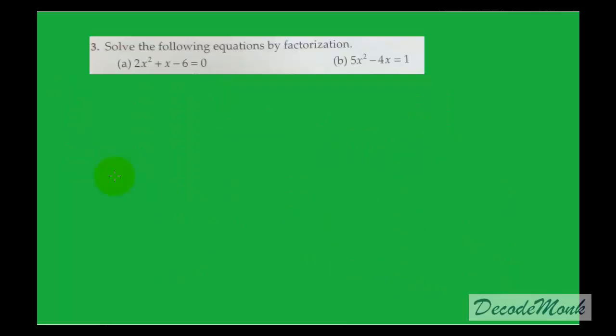Right. Now let's solve the next question, that is question number B. So this says 5x square minus 4x, taking 1 to the left hand side, will give you, again you see over here, a equals 5, b equals minus 4, and c equals minus 1.